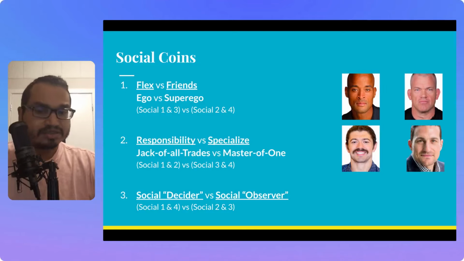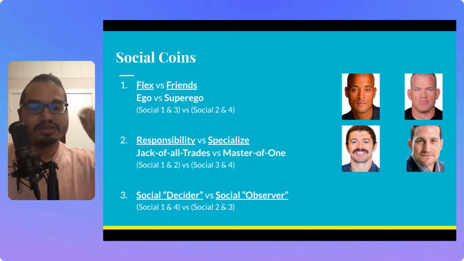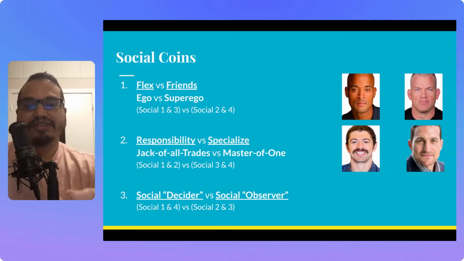Continuing on, we have responsibility versus specialized with Alex Hormozi and Andrew Huberman here. They're both ESTPs, so we're continuing this blockhead trend with the examples. Alex is trying to build different skills to master business, actually. So he's not mastering anything in particular.